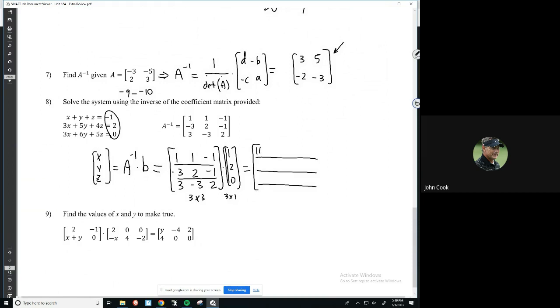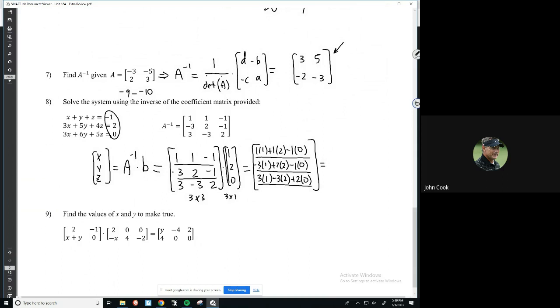So 1 times something plus 1 times something minus 1 times something. Negative 3 times something plus 2 times something minus 1 times something. And then 3 times something minus 3 times something, and then plus 2 times something. All right, there we go. And then the lone column is going to be 1, 2, 0. So I just put 1, 2, and 0 for all these.